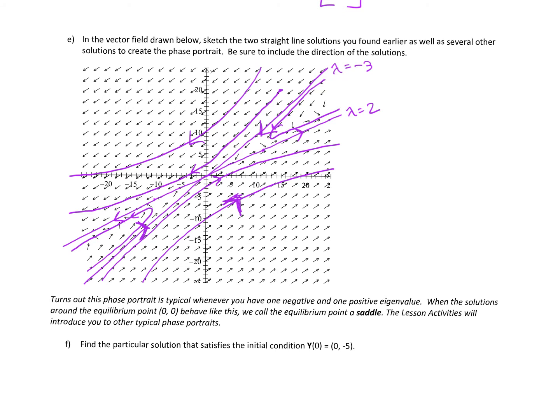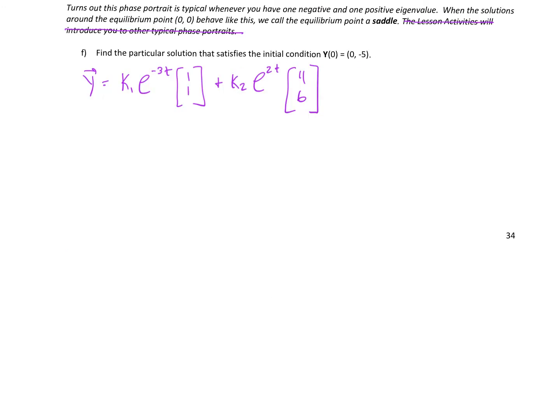And these are the lesson activities, so I'm going to cross that out. Okay, find the particular solutions that satisfy the initial condition. Okay, so I've gone ahead and rewritten the general solution here. Now I just have to plug in a 0. And I get k1 times 1, 1 plus k2 times 11, 6 is supposed to give me 0, -5.